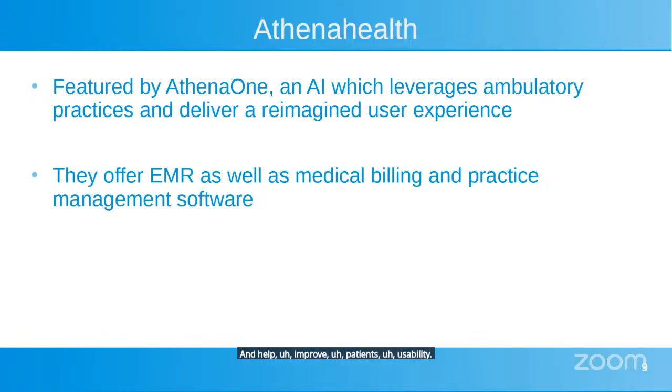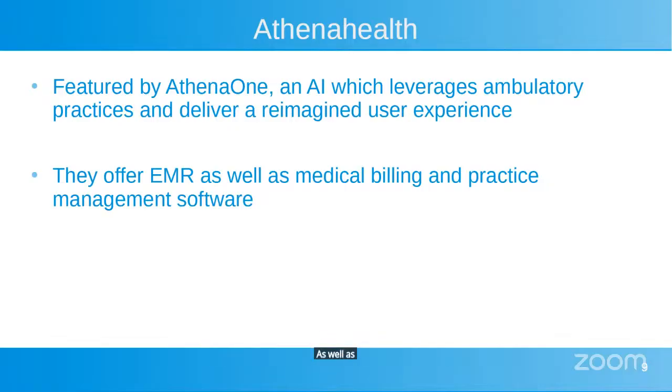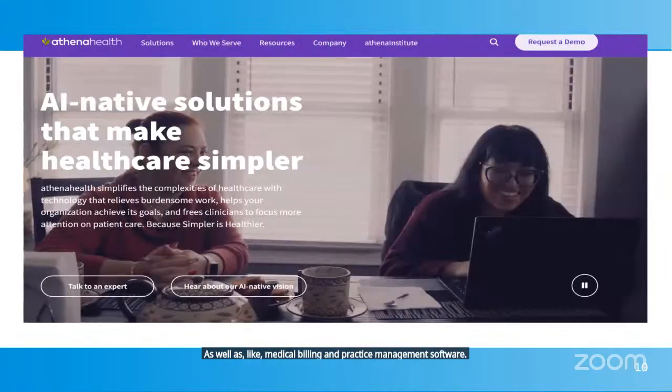They also provide electronic medical records, as well as medical billing and practice management software. This is their website, Athena Health. They have used AI. Now, most of the modern websites, all of them, have the use of AI.